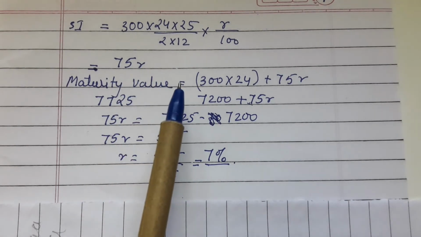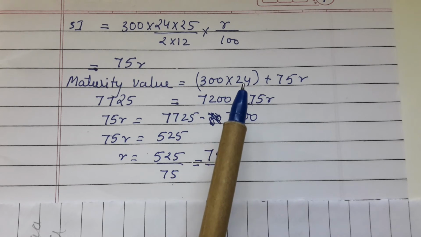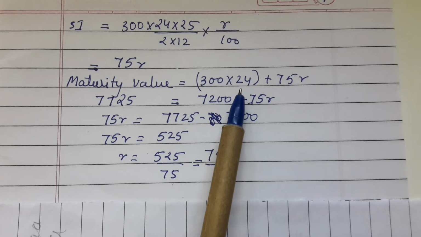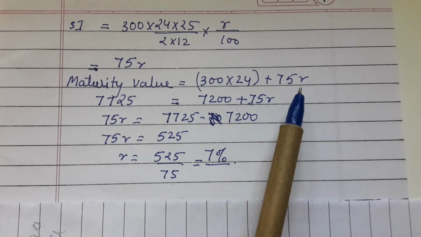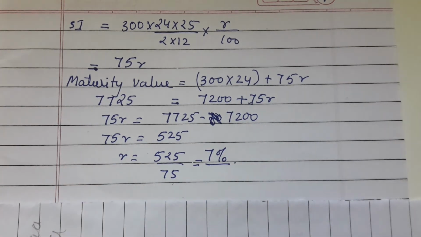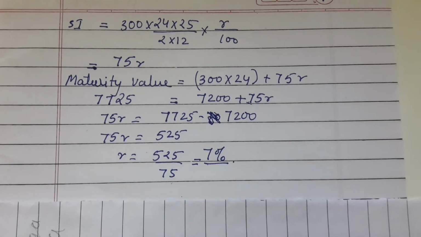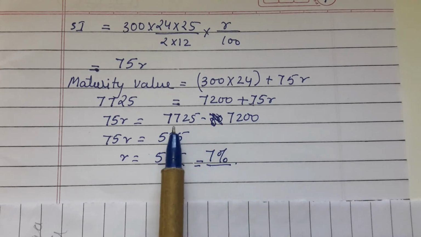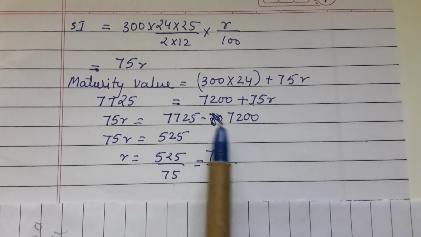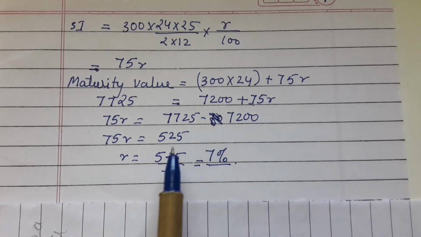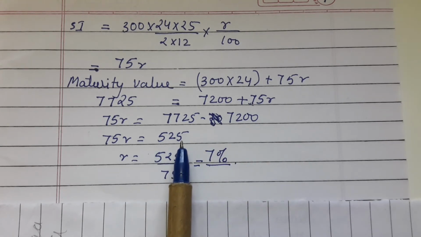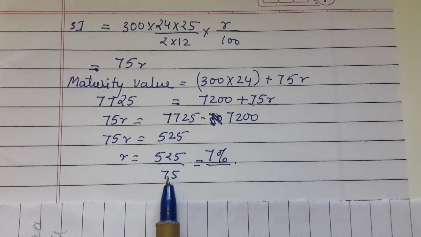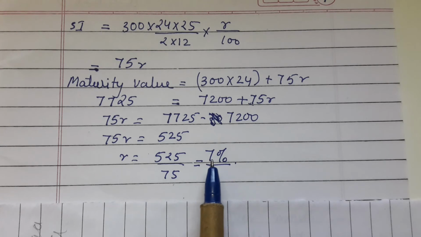Maturity value is equal to P into n plus interest, 300 into 24 plus 75R. Maturity is 7,725. Therefore, 75R is equal to 7,725 minus 7,200, equal to 525. R is equal to 525 upon 75, equal to 7%.